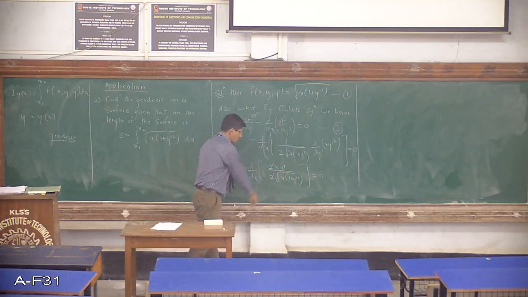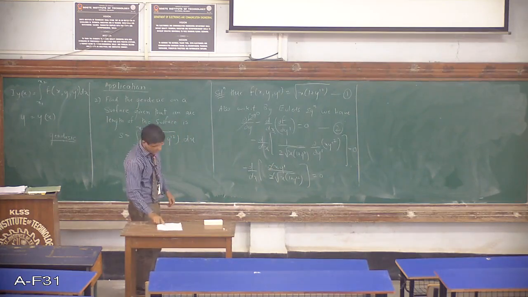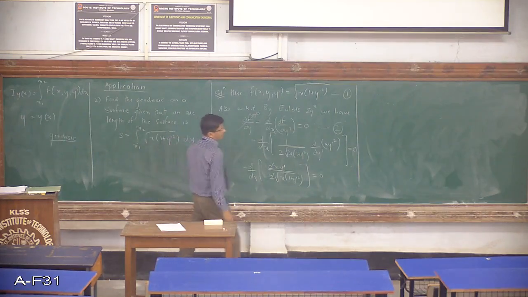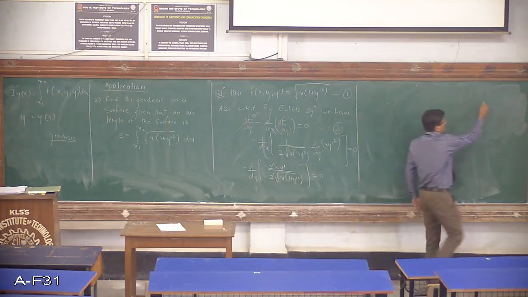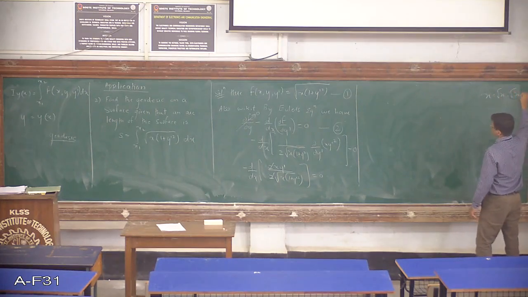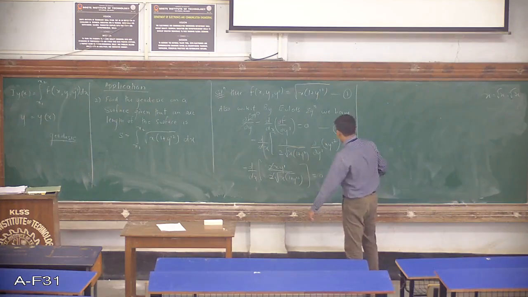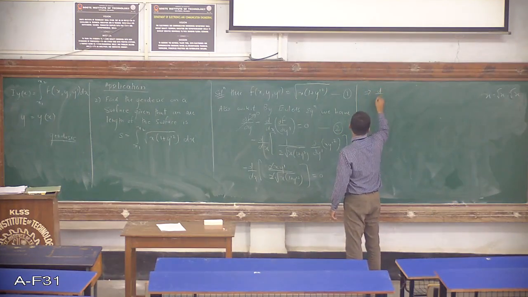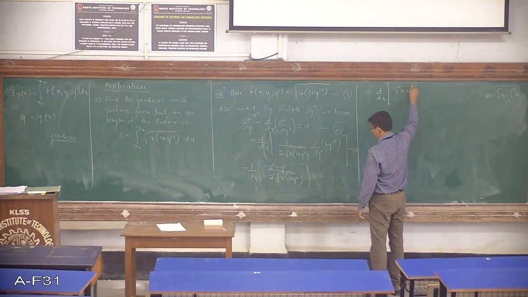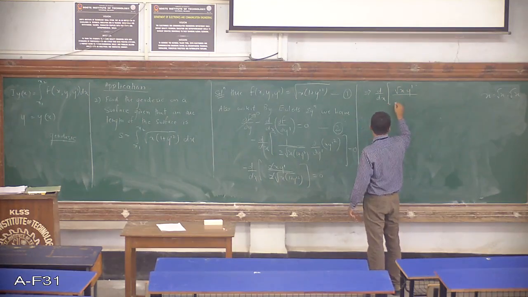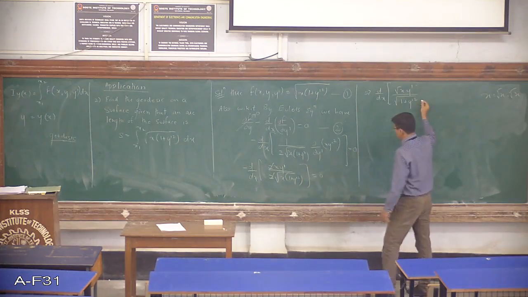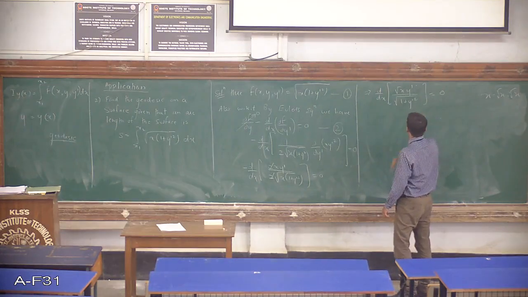Now this 2 and this 2 cancel, and x can also be written as root x into root x. Rewriting, this implies d by dx of root x y prime divided by the square root of 1 plus y prime square is equal to 0.